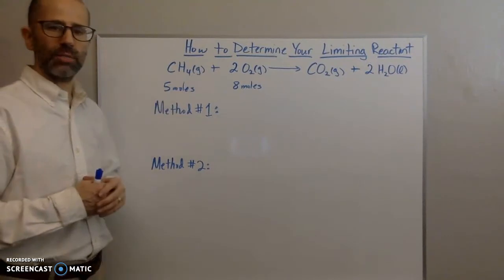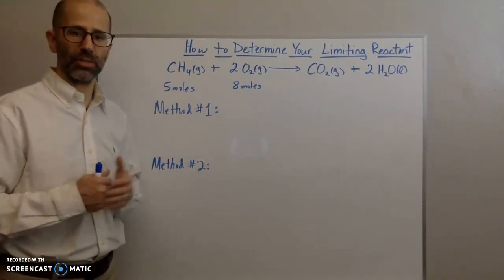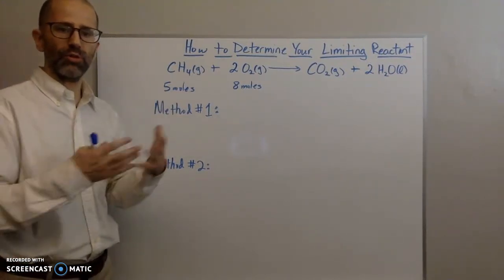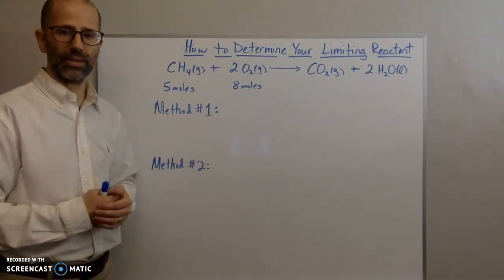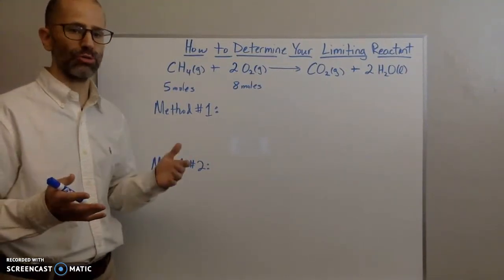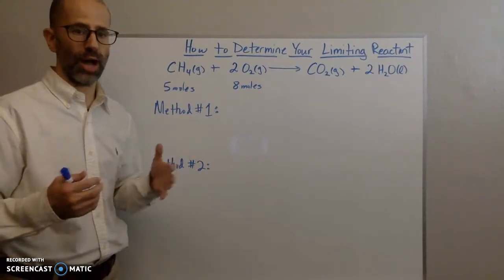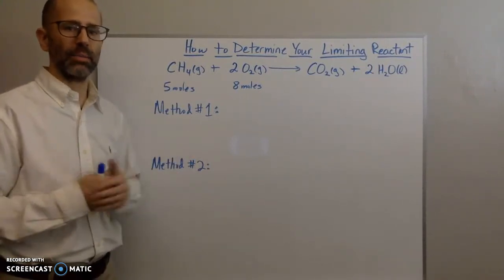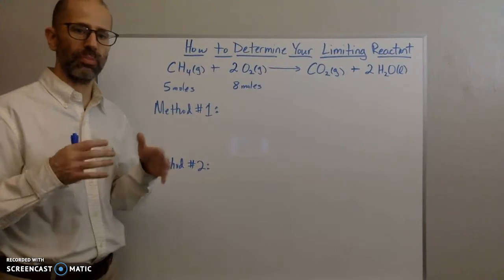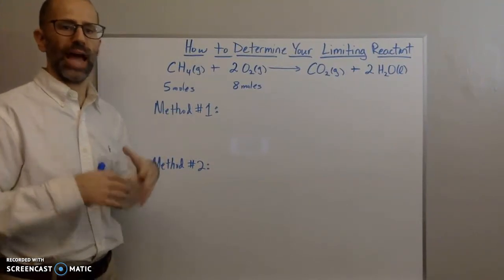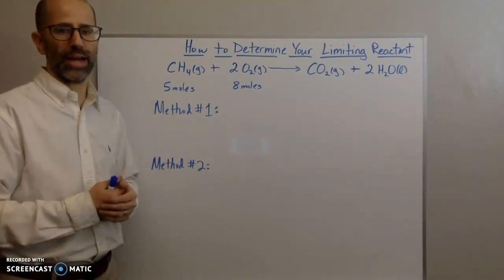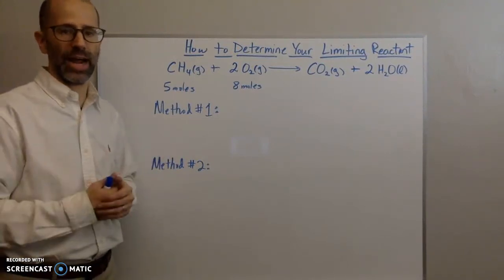In your typical limiting reagent problem, they're going to give you 2 amounts of reactants, and they're not going to tell you if you have enough or not. In a non-limiting reagent problem, they will make it very clear that you have enough of one of the reactants to completely react with the other one.